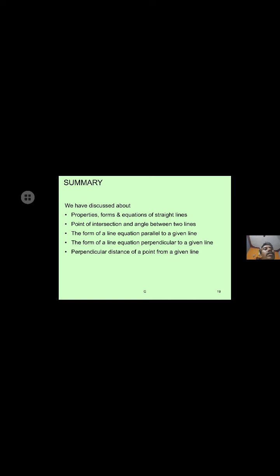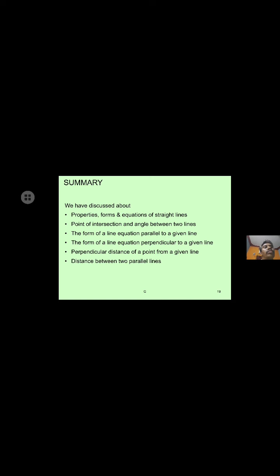Perpendicular distance of a point from a given line. If you want the distance from a point to a line, we measure perpendicularly. The perpendicular distance formula is modulus of ax1 plus by1 plus c, over under root of a square plus b square.